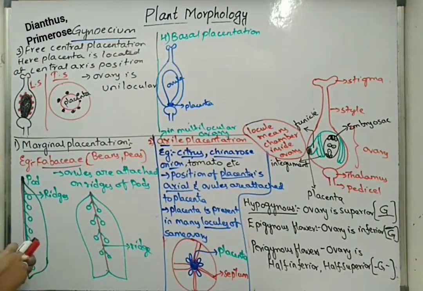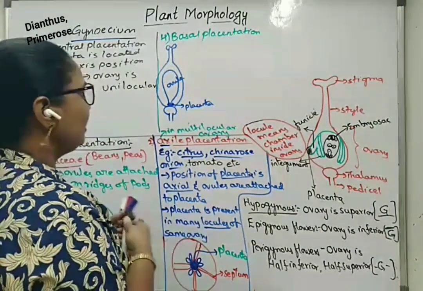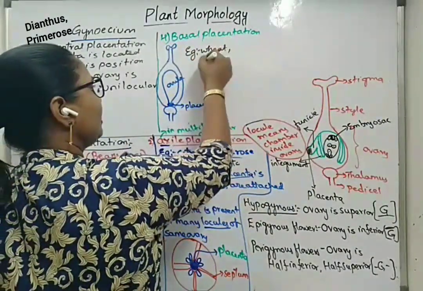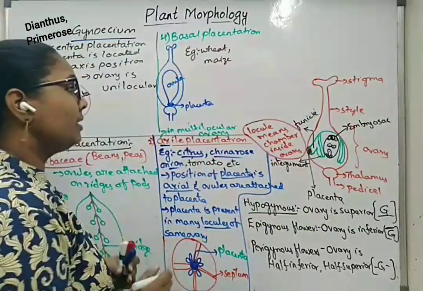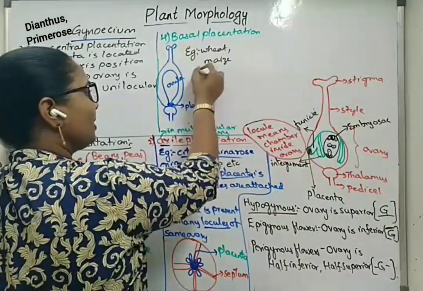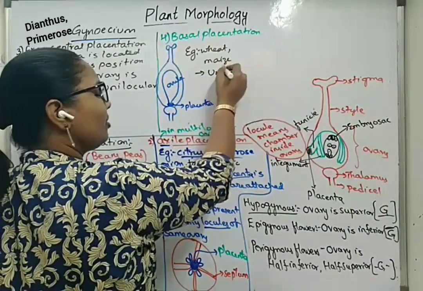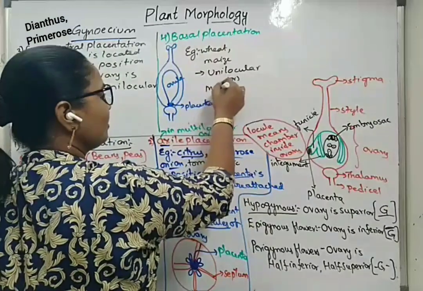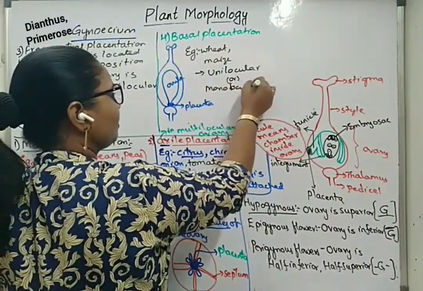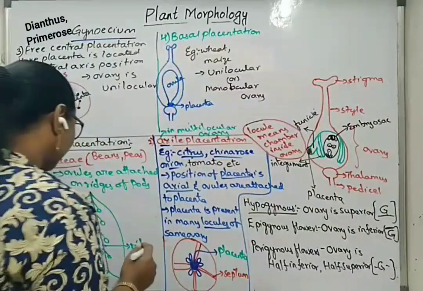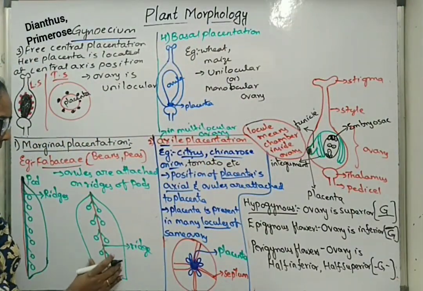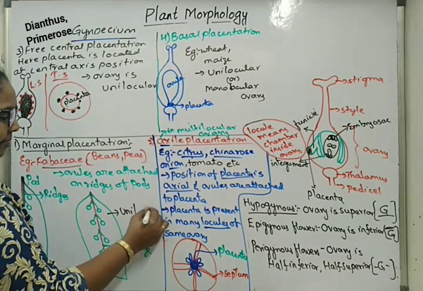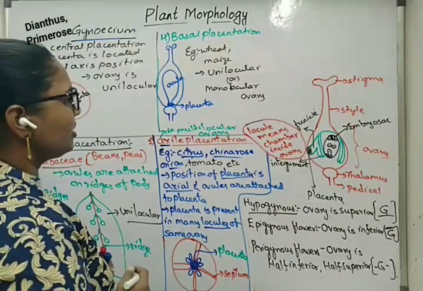So basal placentation examples are wheat, maize, etc. Wheat. They are developed from unilocular ovary. Monolocular or unilocular ovary. Here also you can say this is one single chamber, but there are two rows of ovules, so unilocular. Axial placentation, multilocular.